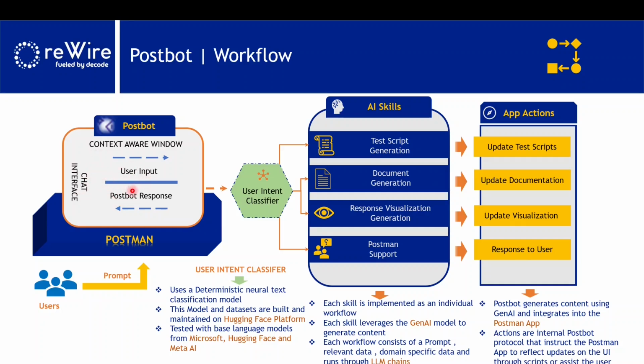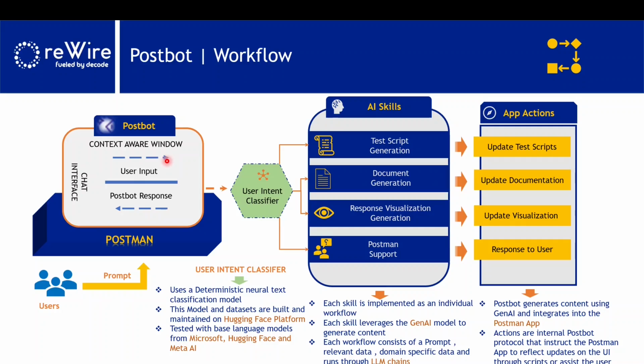There are certain guidelines that I am going to publish as well, but now let us focus on Postbot, how it is being developed, and what workflow it implements. Postbot needs two things. One is the context-aware window, where the requests are being opened.